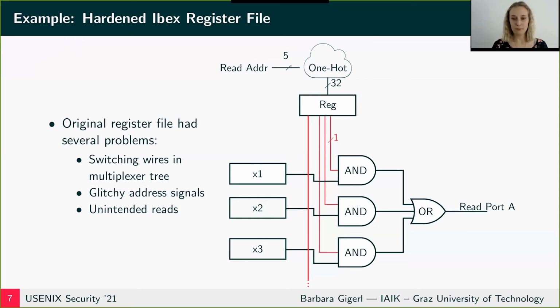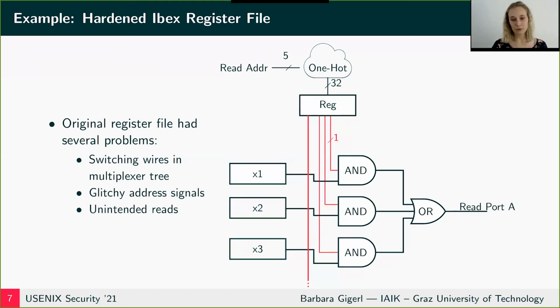So everything which comes out of this one-hot register will not have glitches because it does not come out of combinatorial logic. And we can then use that bit to gate the register output. And therefore, we can make sure that we cannot have the same problem as we already talked about before. So the address signals are not glitchy anymore.